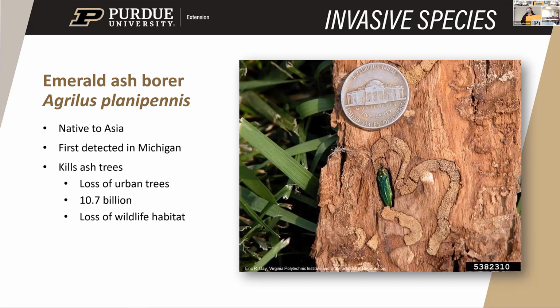Maybe they don't have ash trees. Well, they do, because that's where it came from. Their ash trees have defense mechanisms, like in a couple other examples we'll get into, but here they don't because they've never been exposed to it. And for us, we don't have the insect or wildlife that would consume the emerald ash borer to keep its population in check.